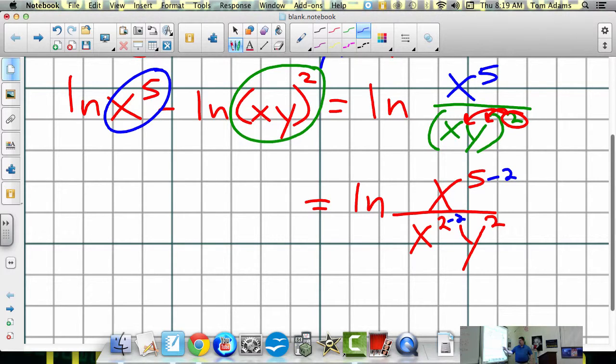So this becomes x to the 0, which is the same as 1. And then the top is x to the 3rd all over y squared. Does that make sense? Any questions? Okay.